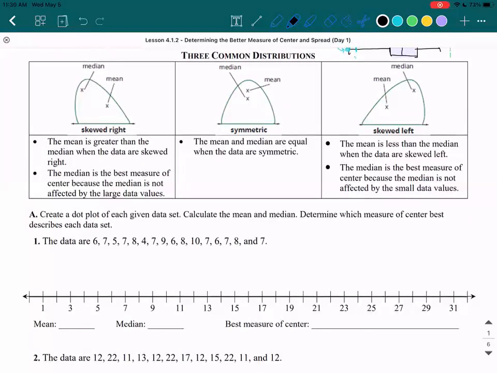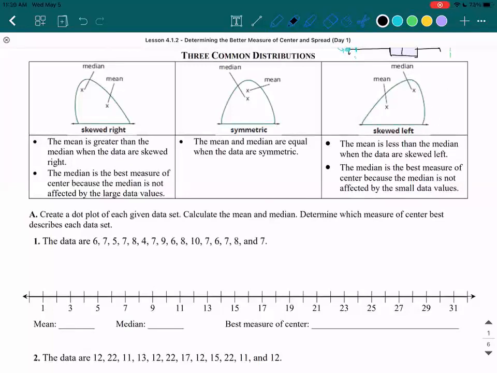So the mean is greater than the median when the data is skewed right, and the median is the best measure of center because the median is not affected by large data values. So when you're talking about the best measure of center, we're going to be looking at the median whenever it's skewed. Take a look at skewed left, which is on this side. Very similar, we have most of the data on the right side, so therefore the mean gets skewed to the left because of these small values.